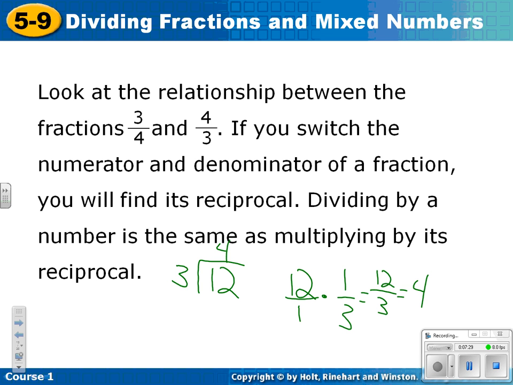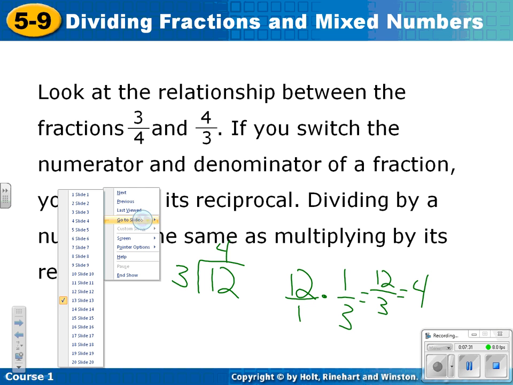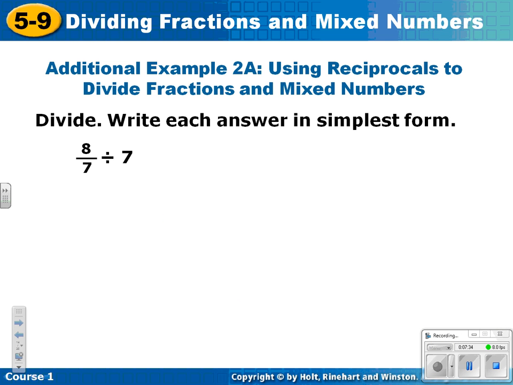So watch this. I know you're like, oh, we're doing the division anyway, which is true. We have to divide fractions. Okay. 8/7 divided by 7. We don't actually divide fractions. Instead, we go 8/7 times the reciprocal of this number. What is the reciprocal of 7? 1/7. Equals 8/49.